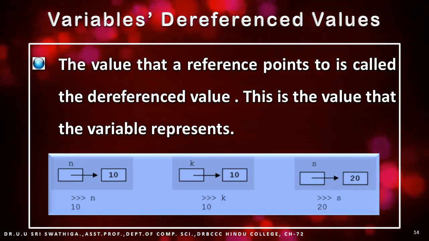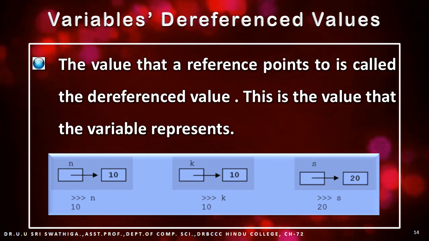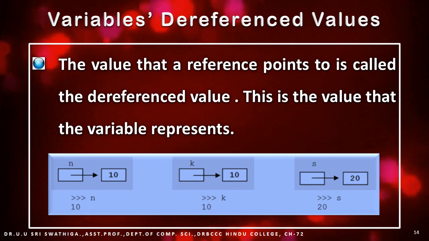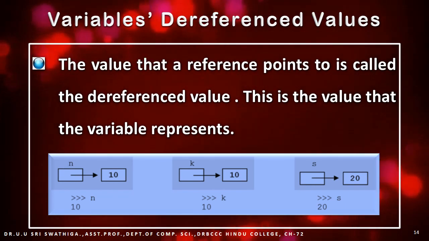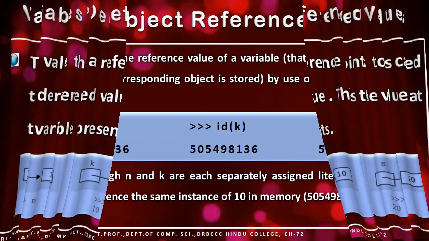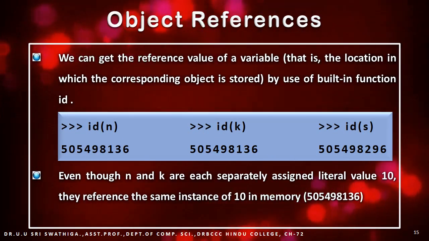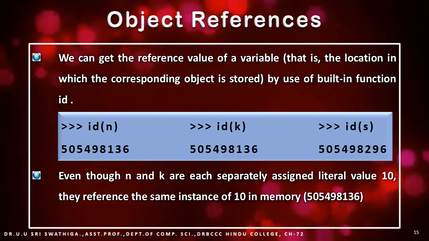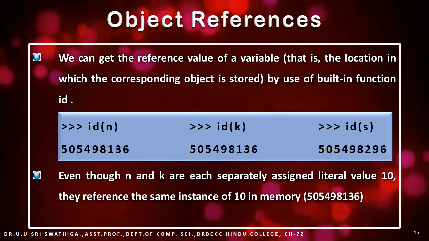Variables and dereferenced values. The value that a reference points to is called the dereferenced value. This is the value that the variable represents, as shown in the figure. We can get the reference value of a variable, that is, the location in which the corresponding object is stored, by use of the built-in function id.